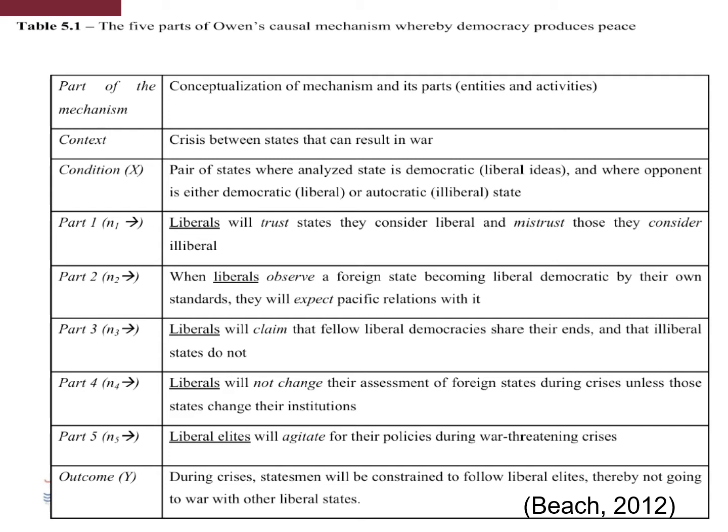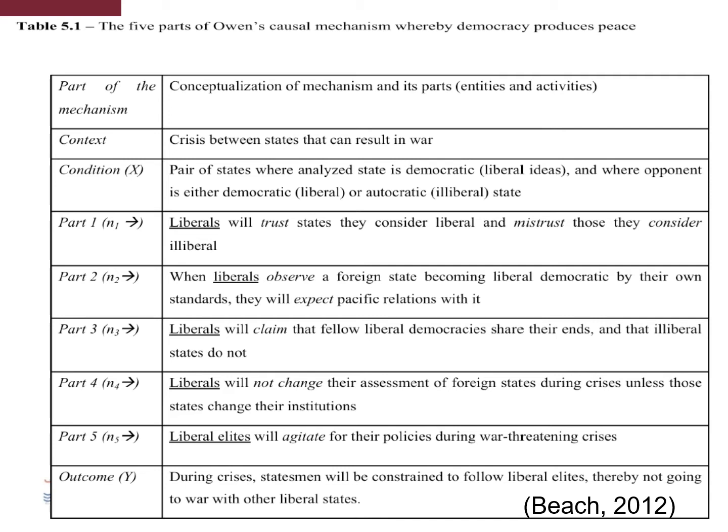So we have the condition X. We have a pair of states where one state is democratic and the other one is either democratic or autocratic, liberal or illiberal.